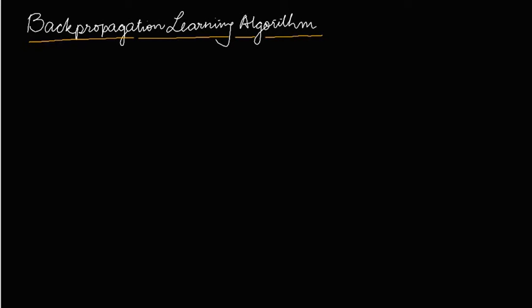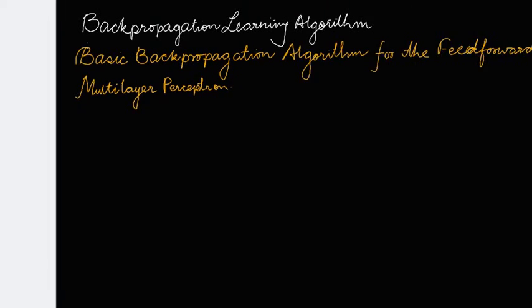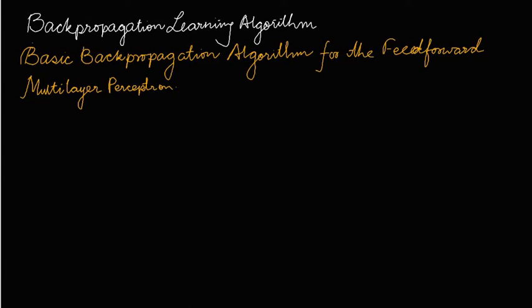In this class we will discuss a very popular learning algorithm which is known as the backpropagation learning algorithm. And in this learning algorithm, we will see how it is applied for feed-forward multi-layer perceptron.